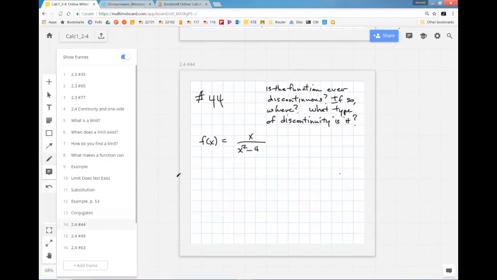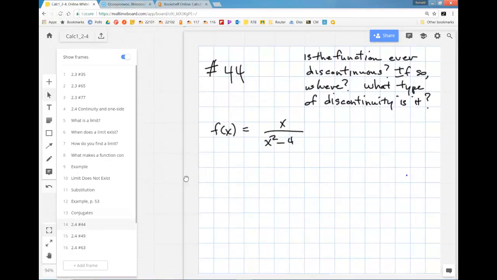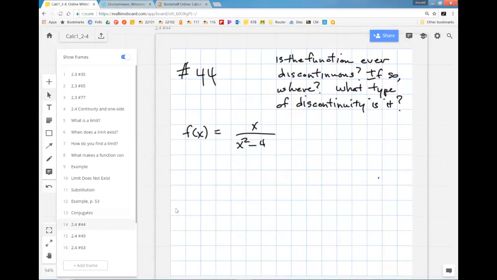So then problems like this might present themselves. Number 44 says, is the function ever discontinuous? If so, where? And what type of discontinuity do we have here? Well, you can see that when x squared equals 4, that creates a 0, and we know that can't happen.